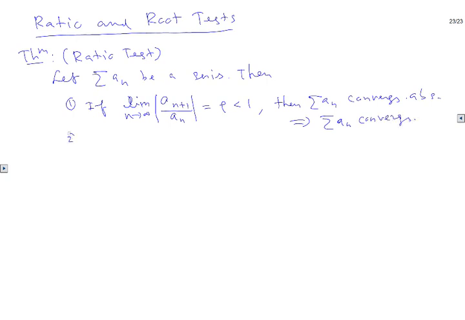The second one: if the limit as n goes to infinity of the same ratio, a_(n+1) over a_n, of two consecutive terms, call it rho, is larger than 1, then the series diverges.